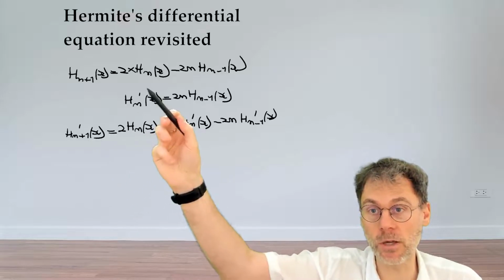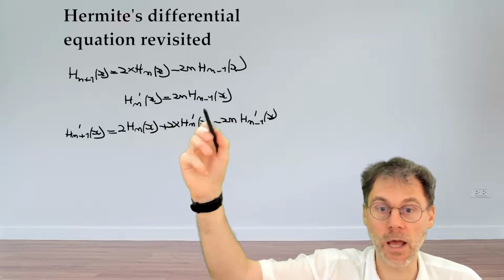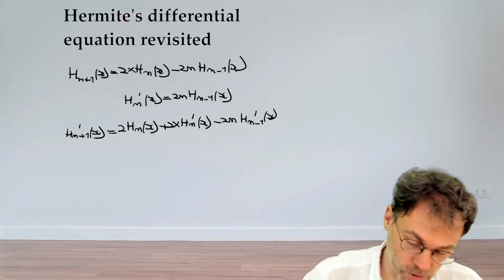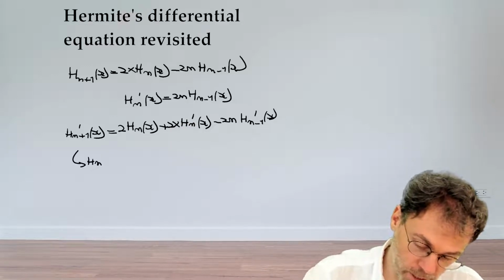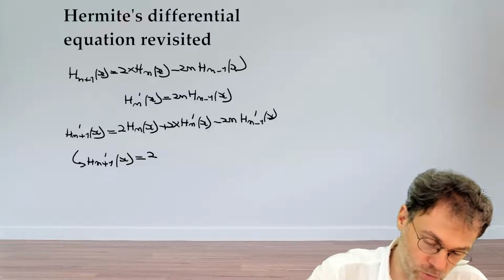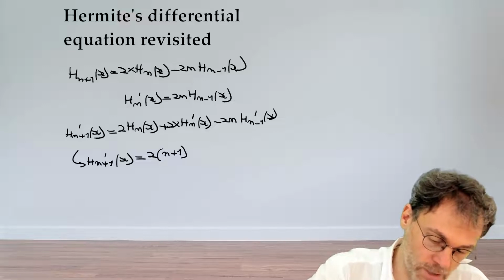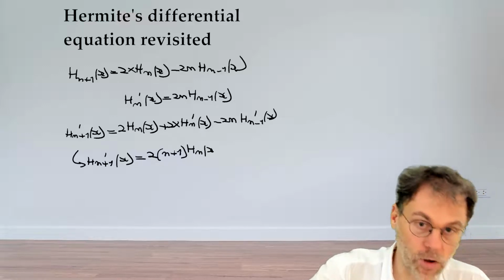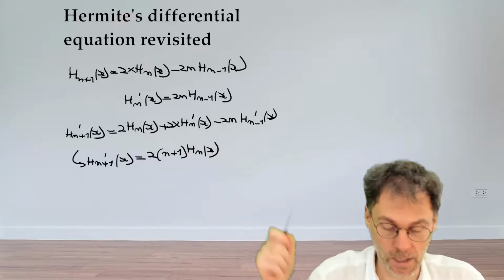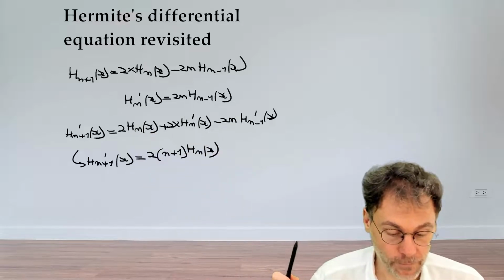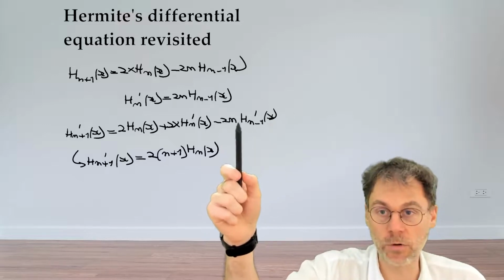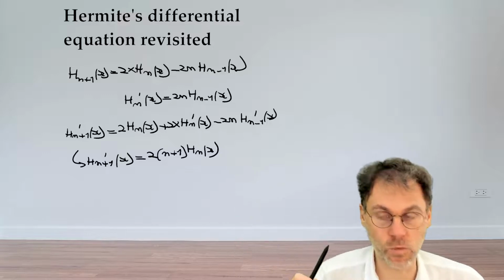But now we can actually make use of this formula over here and just change n to n plus 1, so that we learn that H_{n+1}'(x) is actually 2(n+1) H_n(x). So this is just this equation here, but replacing n by n plus 1.